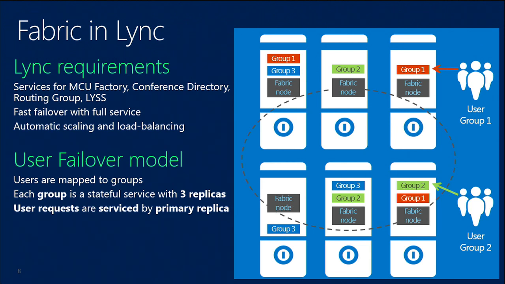In Lync 2013, the way that we accomplish this is by this concept of user groups. Each user group consists of 3 nodes inside of that pool. Those would be 3 different nodes per user group, and there's a primary, a secondary, and a tertiary node associated with that user group. The user will always try to log on to the primary inside of their user group.